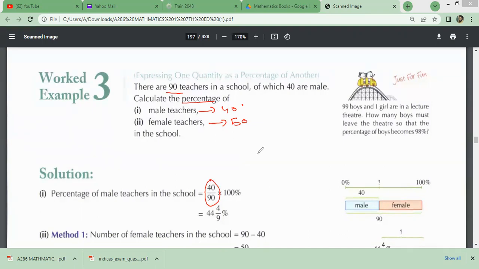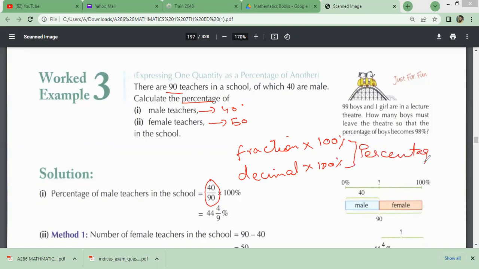Now I told you guys, whenever a decimal or a fraction is given, you can easily convert it into a percentage by multiplying it by 100. A fraction, number, or decimal, you can easily convert by multiplying with 100%, and it will become a percentage.